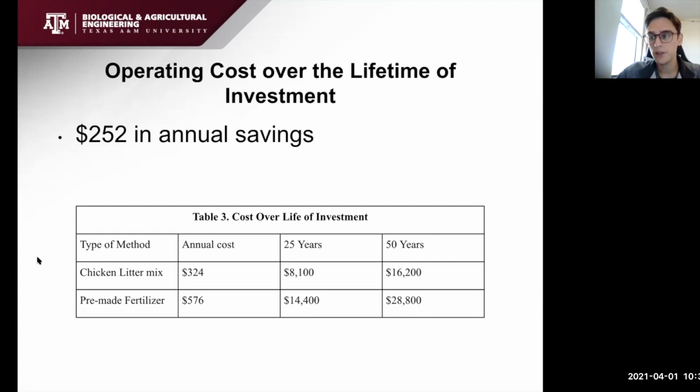And in 50 years, our client can see savings close to $13,000 that he can use for increasing operations, or increasing the output of this fertilizer to where he can maybe get to a point where he's selling it, or he can save it and just be good for his operations.